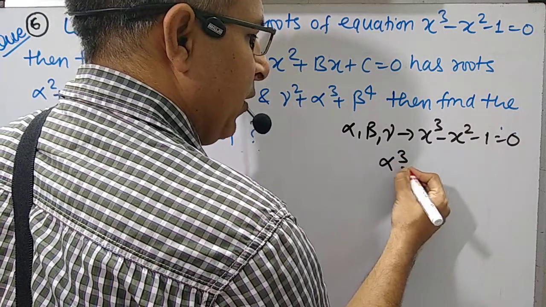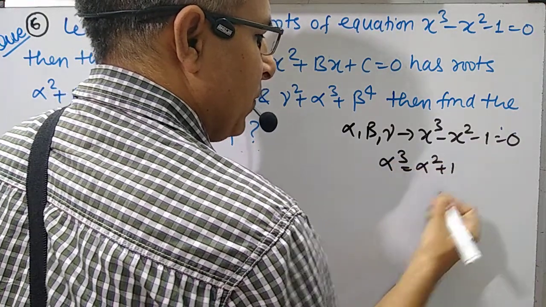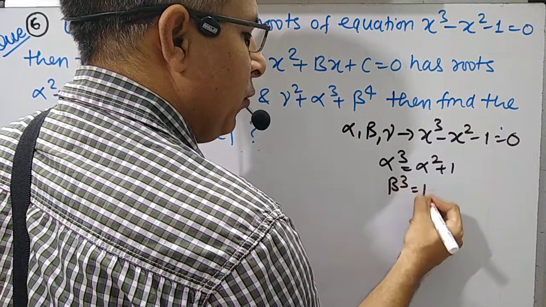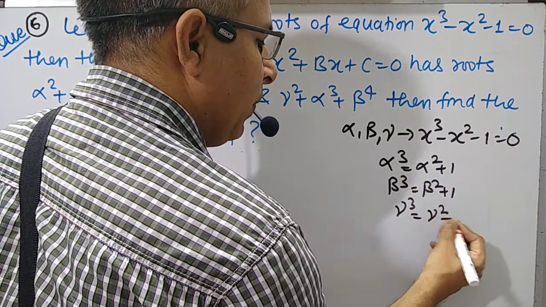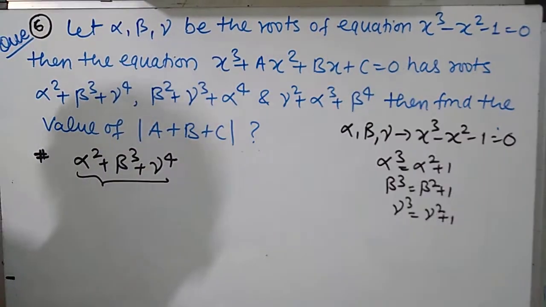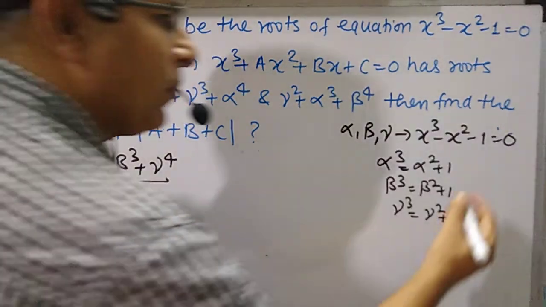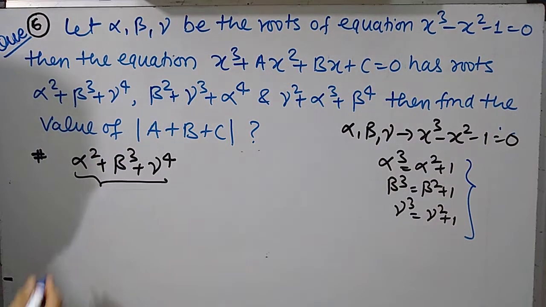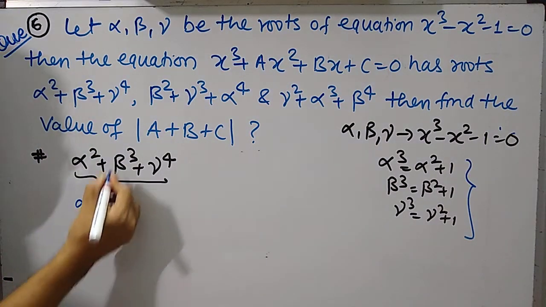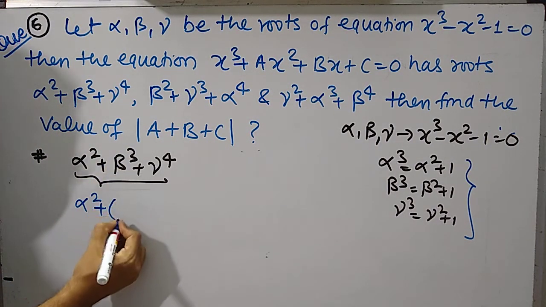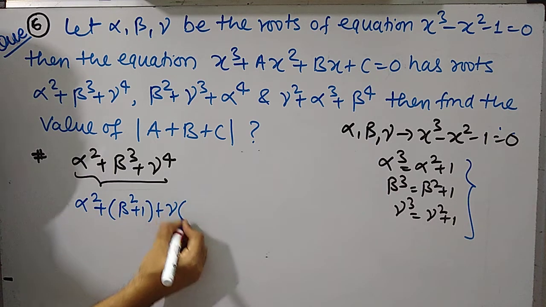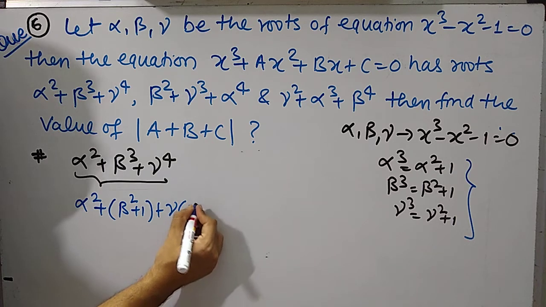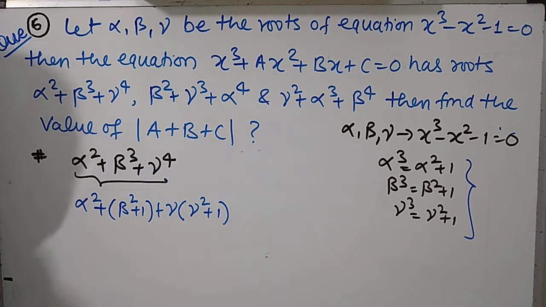So we get alpha cube equal to alpha square plus 1, beta cube equal to beta square plus 1, gamma cube equal to gamma square plus 1. Now we use this result: alpha square times beta cube, where beta cube is replaced by beta square plus 1, and gamma multiplied by gamma cube, where gamma cube is gamma square plus 1.